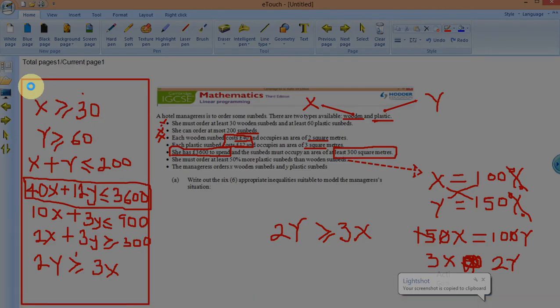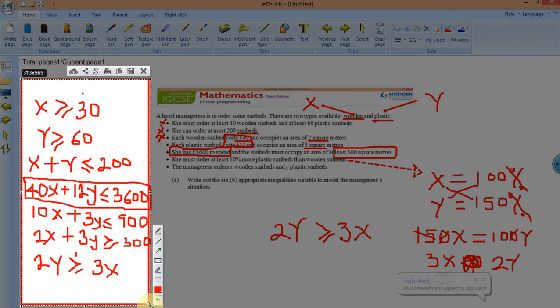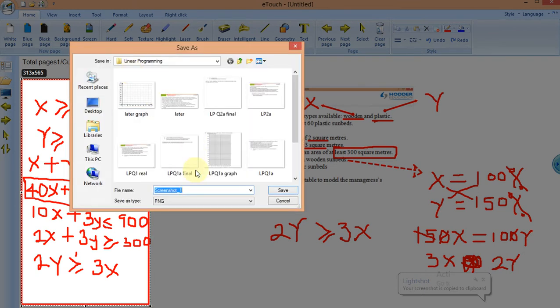So let me save it too. Just save it. Okay, so let me save it here as solution, or inequality solution or something like that. So let me keep that there.